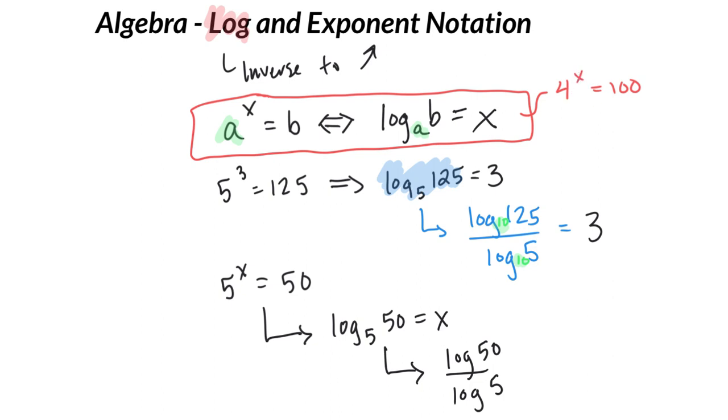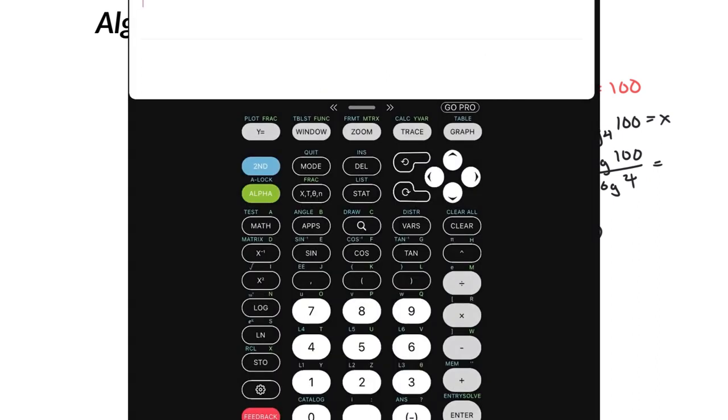But if I rewrite this with logs, I say, okay, log base 4 of 100 equals x. But of course, on my calculator, I type log of 100 divided by log of 4. Log of 100 divided by log of 4, 3.3219.